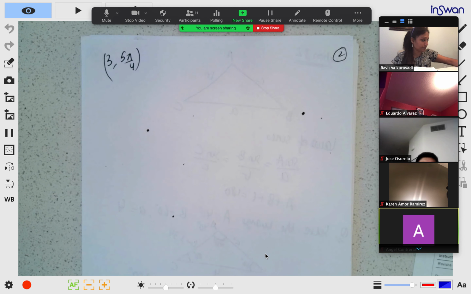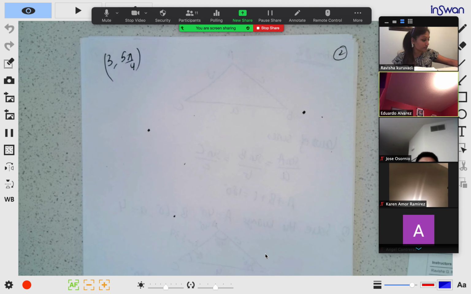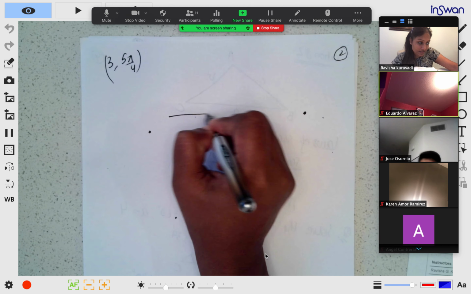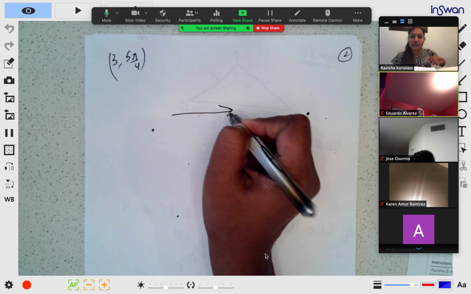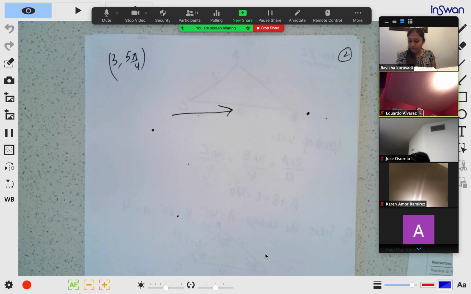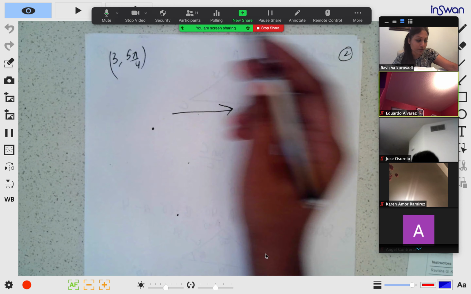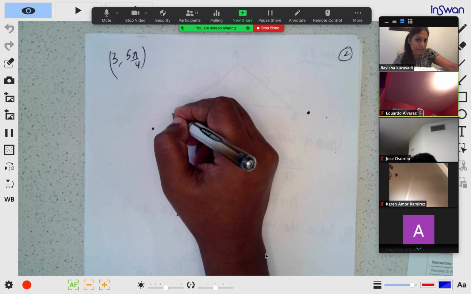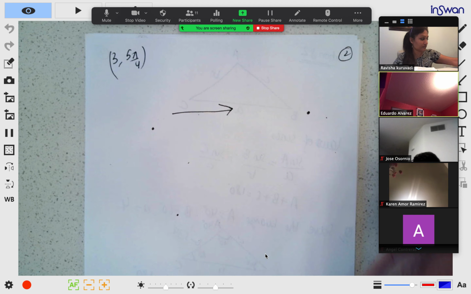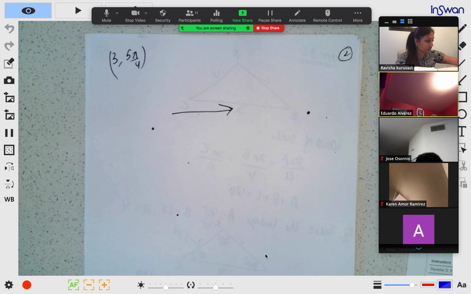Eduardo? Yes. Can you tell me how do I draw this? This is my polar axis. First, let's see where 5 pi by 4 is. That's going to be in the third quadrant. How much is 5 pi by 4 in degrees? It goes over 180.